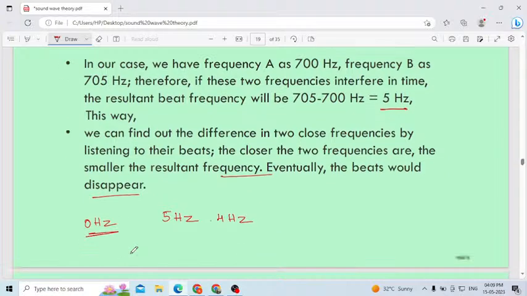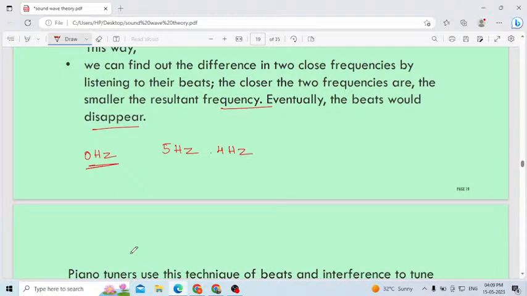Understood? When you have a large difference, like one is 100 hertz and another is 20 hertz, you can observe the large difference in the beats. Then only you can recognize the difference in frequency and sound. When they are very close, you are not able to recognize the beats.